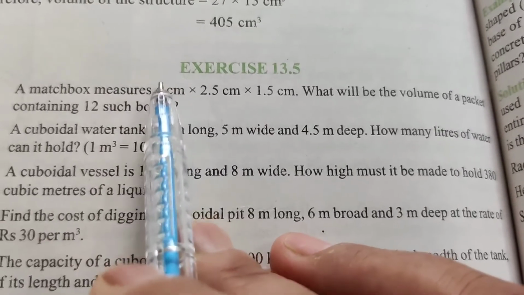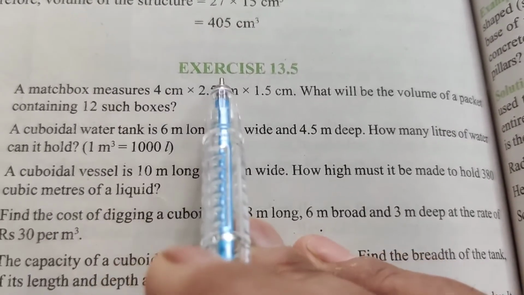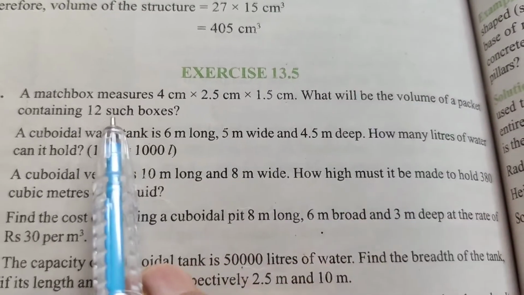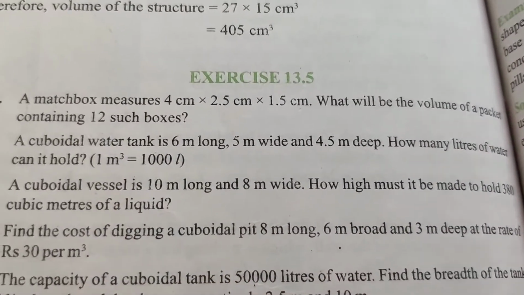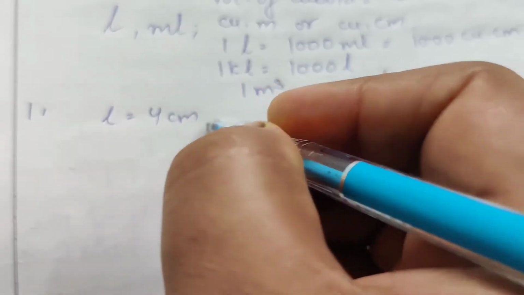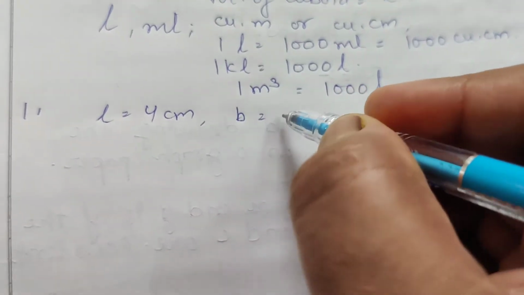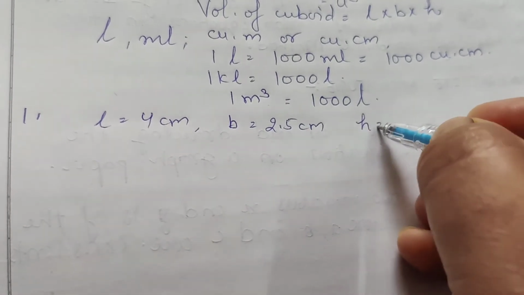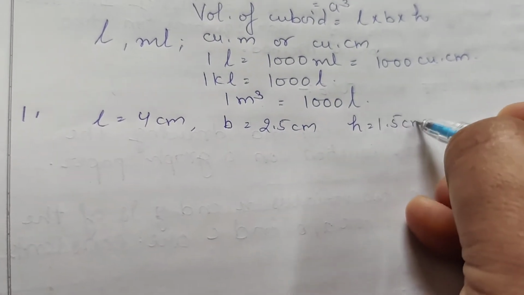First we find the volume of one box. Length equals 4 cm, breadth equals 2.5 cm and height equals 1.5 cm.